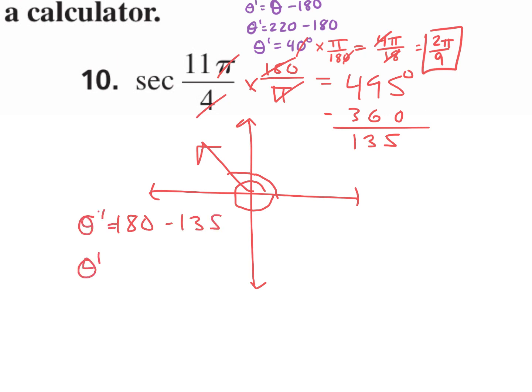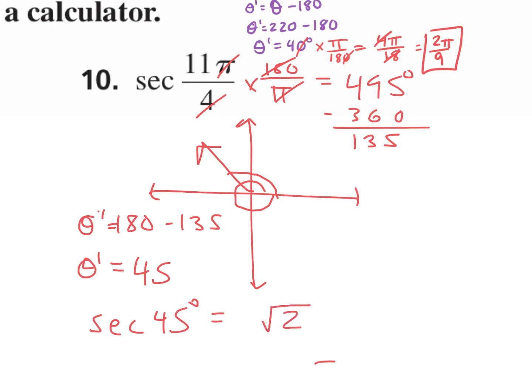So our reference angle is 180 minus 135, which is 45. So we need to find the secant of 45. So let's go back to our chart. Looking at the chart, we get square root 2.